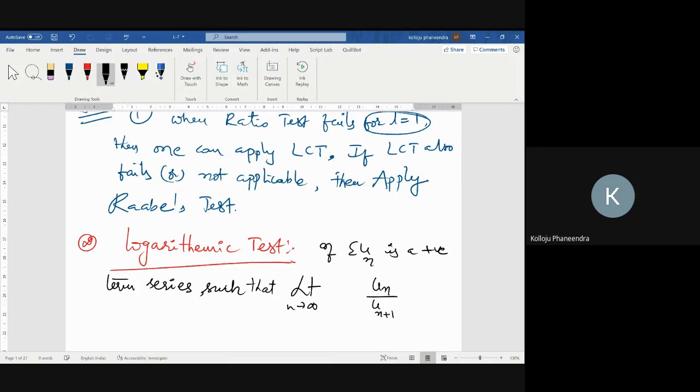Un by un plus 1 term. For this you apply log and multiply by n: limit n tends to infinity, n into log of un by un plus 1. This value is L.